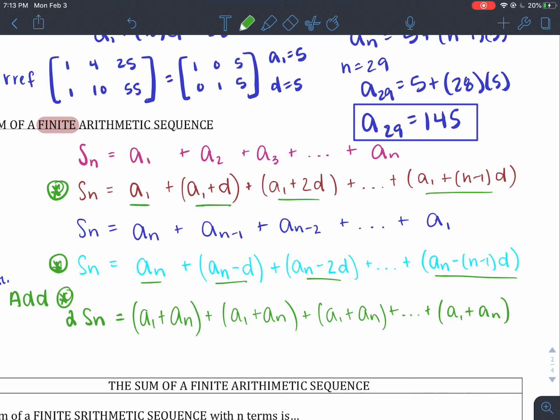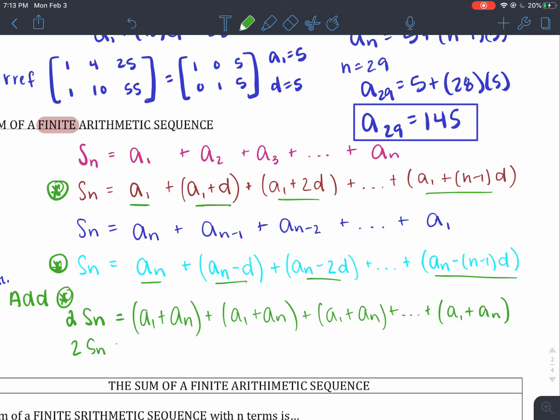If you think back to the Jack problem, he had to add up 1 to 99. What we did was take the first number 1 and the last number 99 and pair them up. We paired up all the ones in between, and they all paired up to be the same value. So we count up how many pairs. We had n terms each time, n terms, n terms, so there are n of these a sub 1 plus a sub n's.